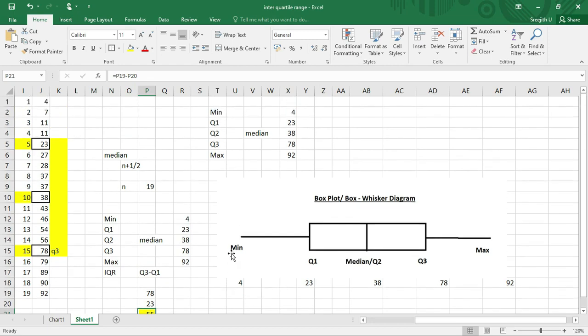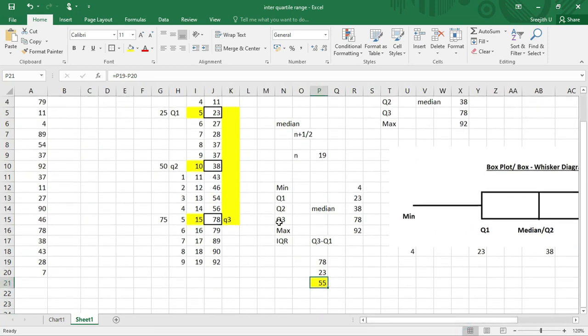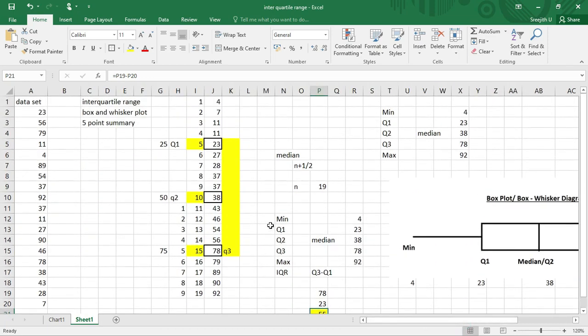So in this video we have seen how to arrange data in such a way that you can identify the 3 points, which are Q1, Q2, Q3, so that the data is divided into 4 different parts, and each of those parts is called a quartile. Q1 is called the 25th quartile, Q2 is called the 50th quartile value, Q3 is called the 75th quartile value.